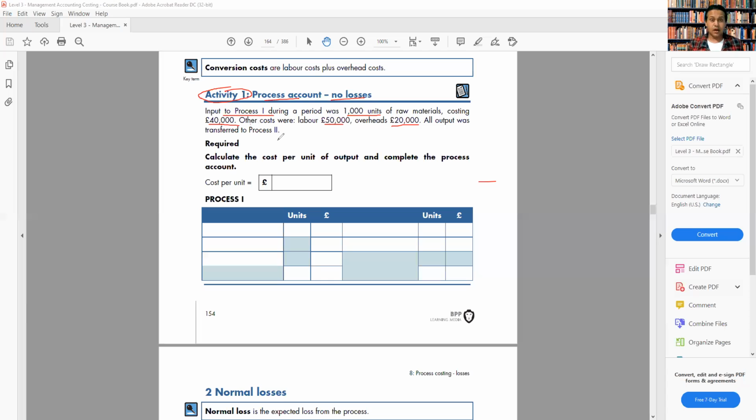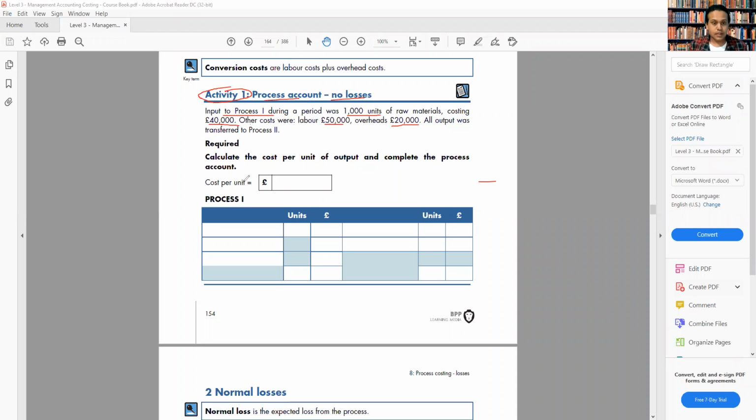You will see this in every single question. Anything completed from process 1 will go to process 2. Once the first machine's job is done, it will be moved to the next machine. So process 1 is step 1, process 2 is step 2. They're asking what's happening in process 1 and how many units you have to give to process 2.